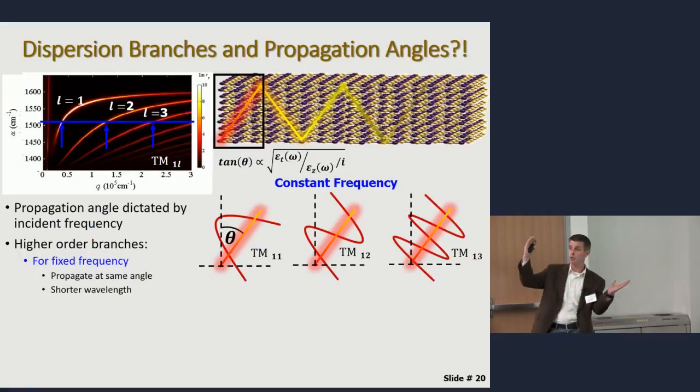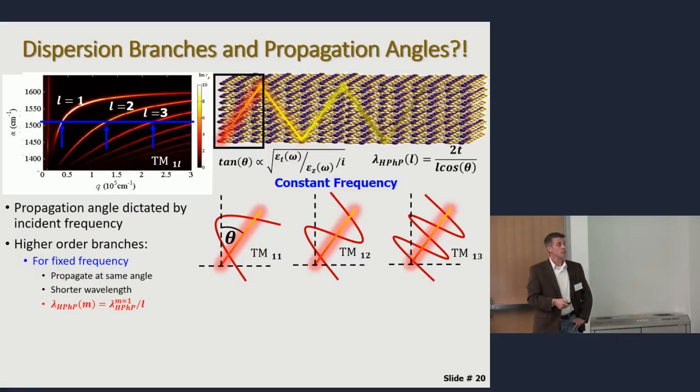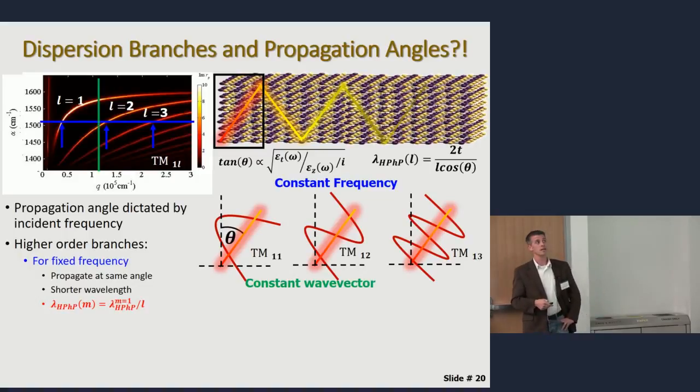So you're basically compressing along that same angle these modes in that same thickness, right? So now my wavelength is much, much smaller as I go to each one of these high order modes. So in essence, if I think about that, it just means my polariton wavelength divided by L reaches some fixed value. And I'll also point out that this is going to be thickness dependent, and you'll see that on the next slide.